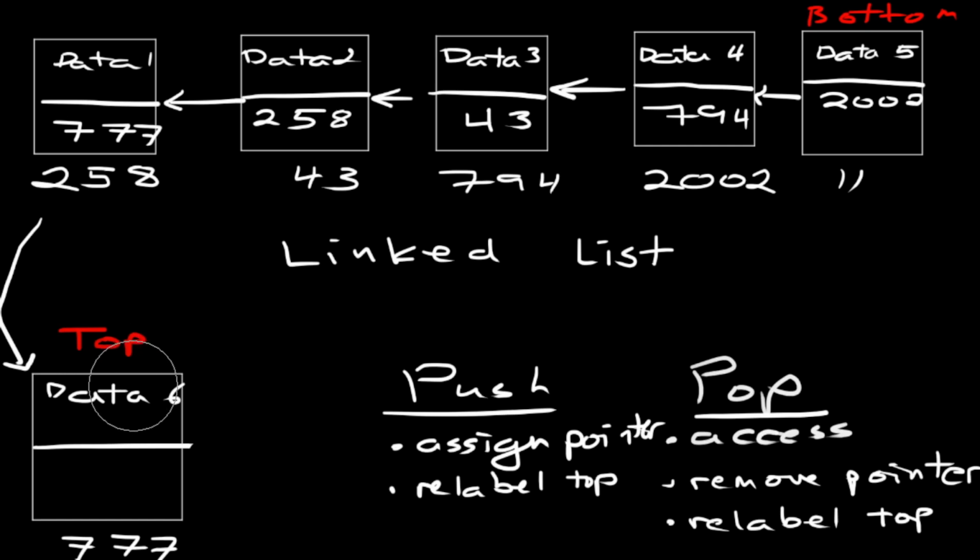Okay, so let's pop one more time. If we want to remove the top from this stack, we have to get rid of the pointer in the second piece of data. So that says data 1 here, right? This is the second piece of data in the list. So we have to remove the pointer. And by removing this pointer, that's going to dissolve this arrow here. And then we also just reassign the name to the top over here.